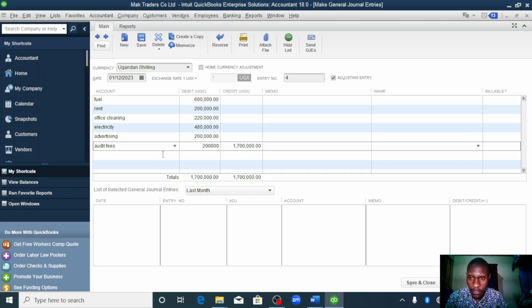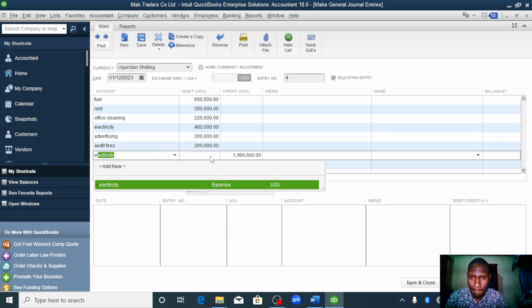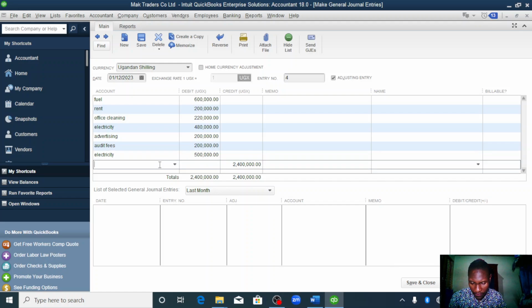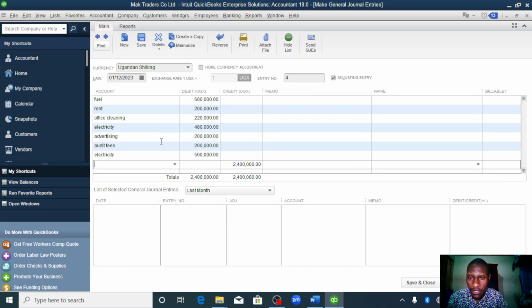We go to electricity again. It's having 500,000. So we need to credit it with, they are saying it was cleared by check, so we need to credit it with our Centenary bank account.